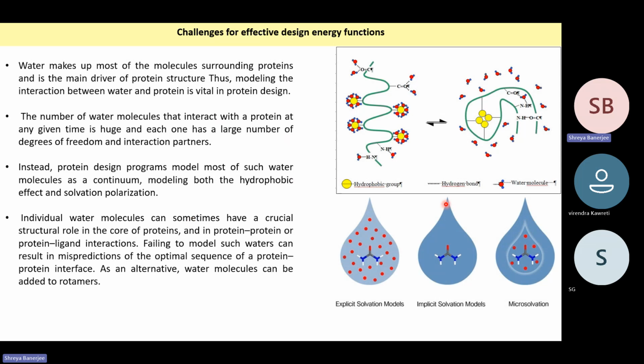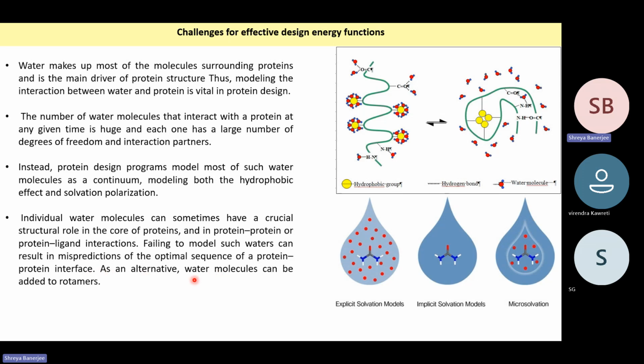However, the problem with this is that you can see in this example, there is one water molecule encapsulated inside the protein, which is stabilizing the structure of these polar groups. So sometimes individual water molecules like this can have a very crucial role in the structure of the protein. Failing to model these water molecules will not give you the true structure of the protein, and it will result in misprediction of the optimal sequence.